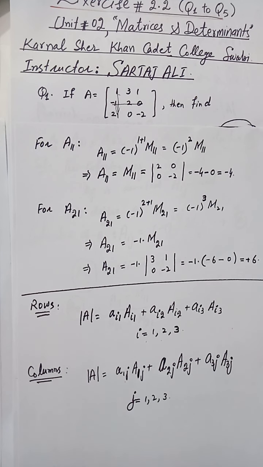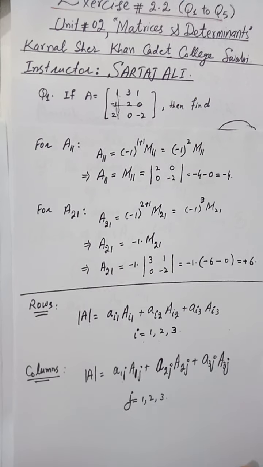If you need to calculate the determinant with the help of the first column, replace j by 1. If you use the second column, replace j with 2.